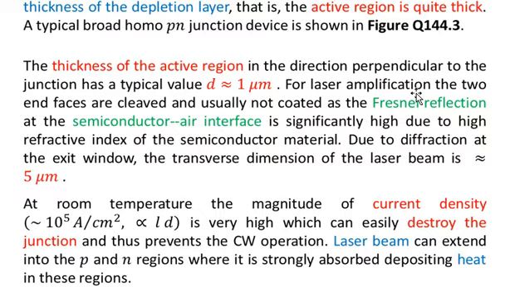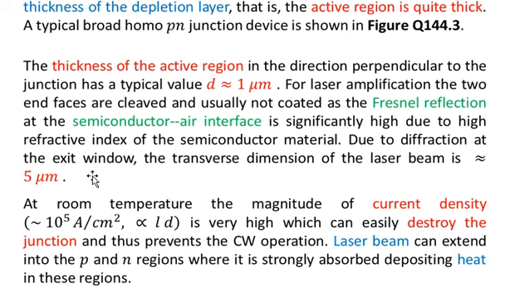For laser amplification, the two end faces are cleaved and usually not coated, as the Fresnel reflection at the semiconductor-air interface is significantly high due to the high refractive index of the semiconductor material with respect to that of air.